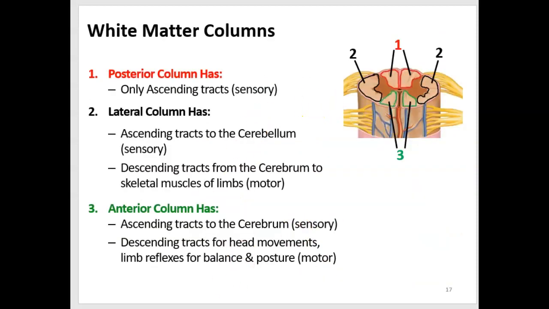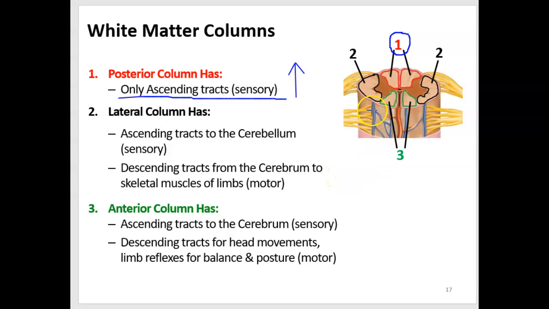Let's look at the posterior column, which is subdivided into tracts. Here we've got the posterior column labeled, and it will only have tracts that are carrying sensory information up to the brain. So we call them ascending tracts.